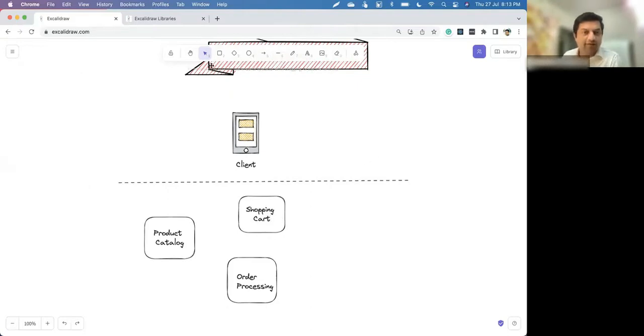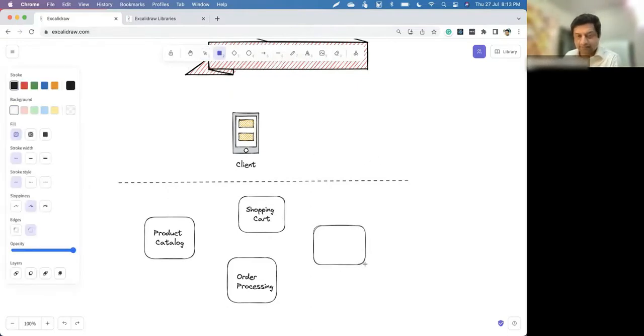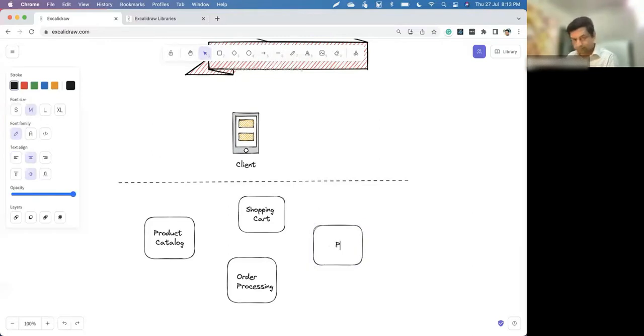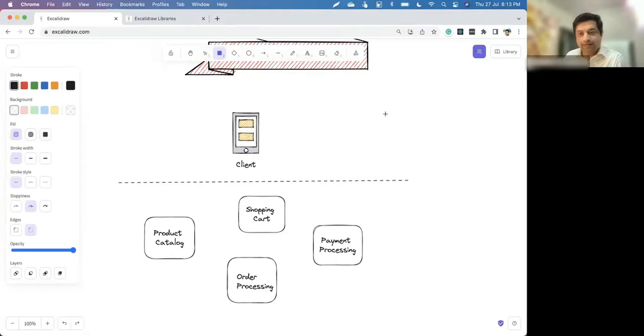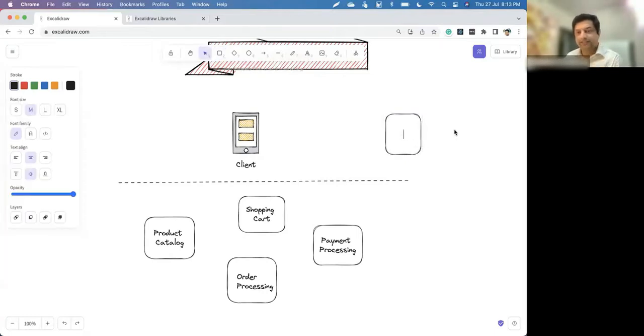And then you have a payment processing service. Maybe it talks to some external services as well. So yeah, the payment processor service talks to a payment gateway.